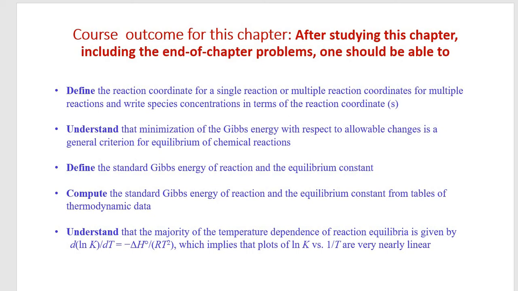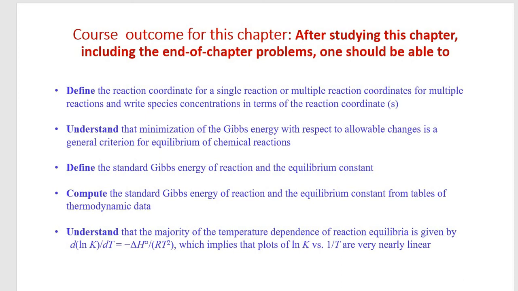That is, for a single reaction it is reaction coordinate, for multiple reactions it is reaction coordinates. We designate reaction coordinate as epsilon. For a single reaction it is epsilon, for multiple reactions it is epsilon 1, epsilon 2, epsilon 3, where 1, 2, 3 are reaction numbers.